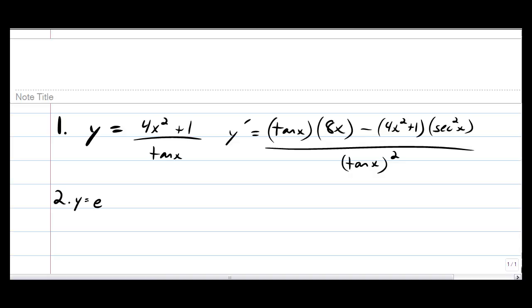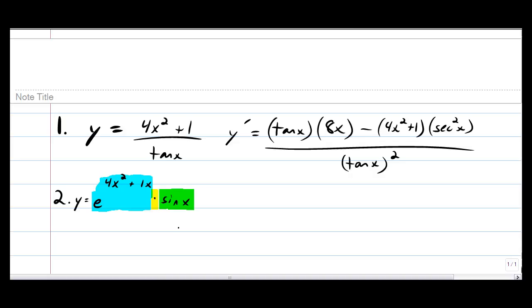y equals e to the 4x squared plus x, times sine x. Okay, I definitely need product rule at some point because of this. And I'm going to need the chain rule to get the derivative of this thing in blue. I'll start with product rule though.